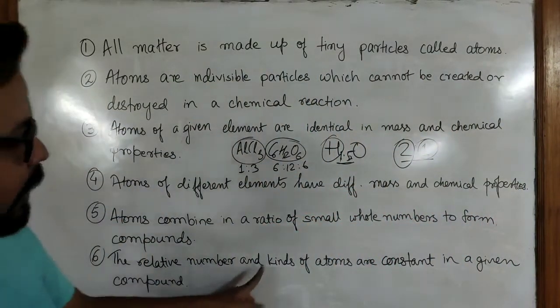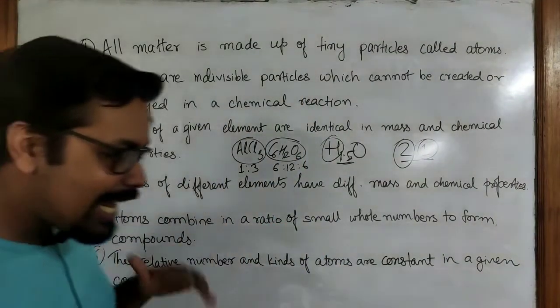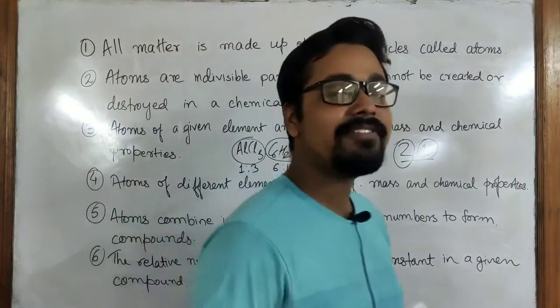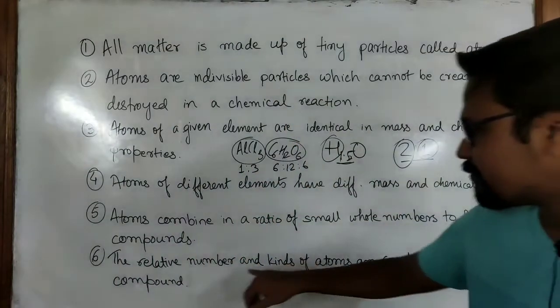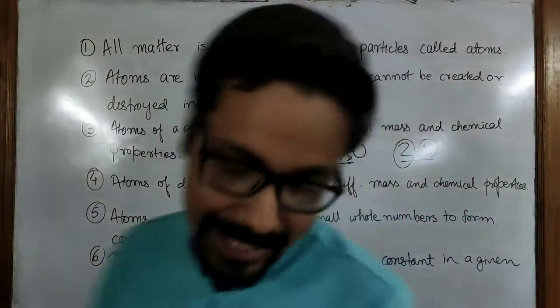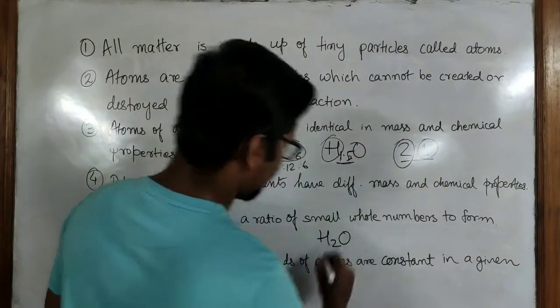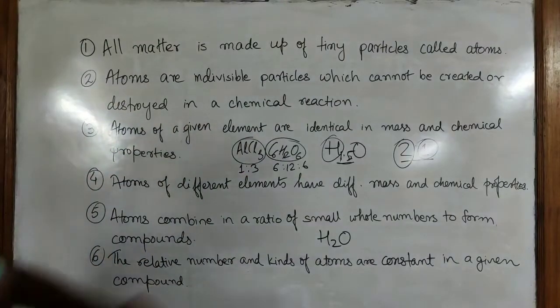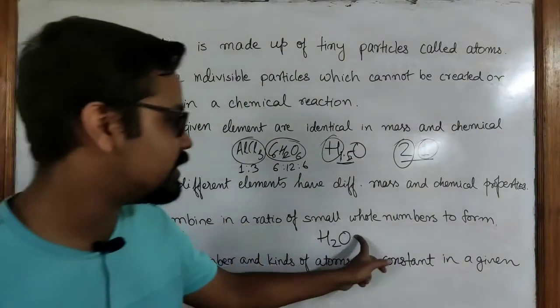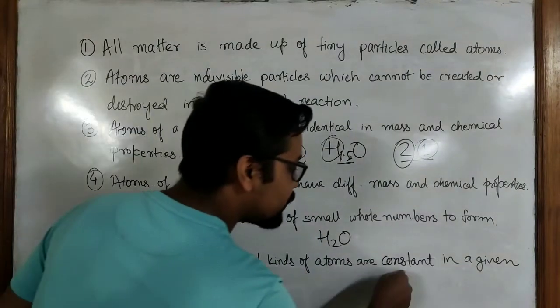The relative number and kinds of atoms are constant in a given compound. In any given compound, the relative number and kinds of atoms are constant. That means, suppose again I take the example of water. In this, the hydrogen atom is one type and the oxygen atom is the other type. So the relative number and kinds of atoms are constant.